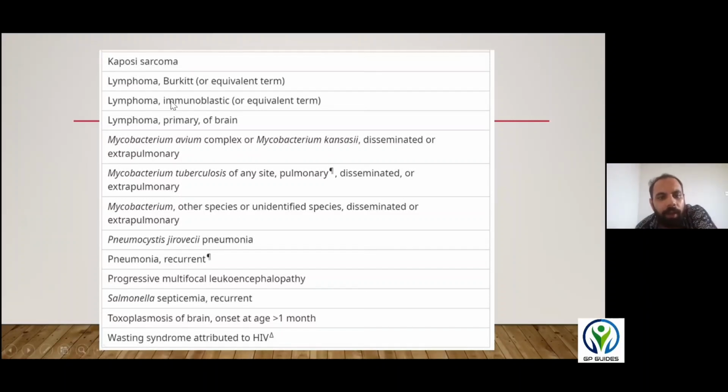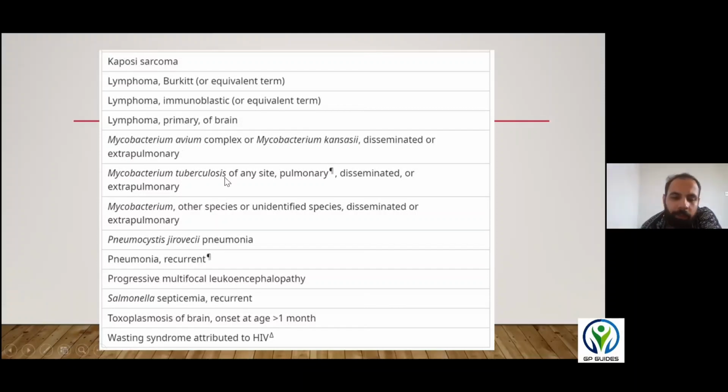And you have different types of lymphoma. One important one is Burkitt lymphoma, and the other is primary CNS lymphoma. So you have to remember these 4 AIDS-defining malignancies: invasive cervical cancer, Kaposi sarcoma, Burkitt lymphoma, and primary CNS lymphoma. These are the main AIDS-defining malignancies.